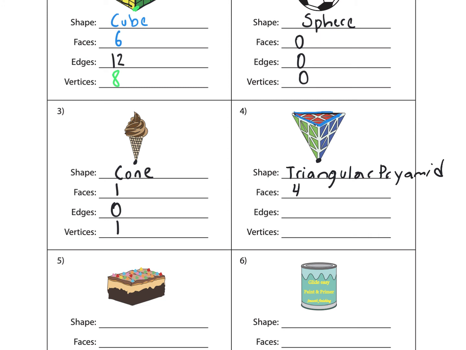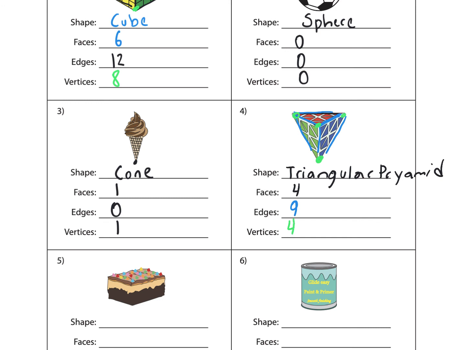I have 3, 4, 5, 6, and 3 on the other side we can't see there. So we would have 9 edges. My vertices, if I'm looking for those corners, I have 3 on the bottom and 1 on the top. So I would have 4 vertices there.